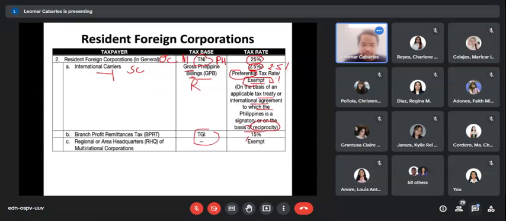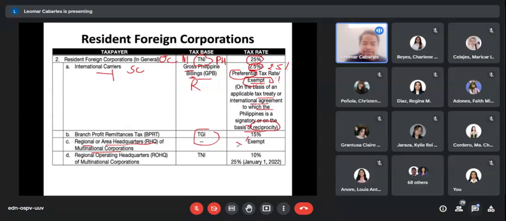So, what do you call this? Regional or area headquarters of multinational corporations. Exempt na to. But, if it is operating, ito yung difference nilang dalawa. Ito talagang headquarter lang, yung letter C. It doesn't really earn income, kaya exempt yan.